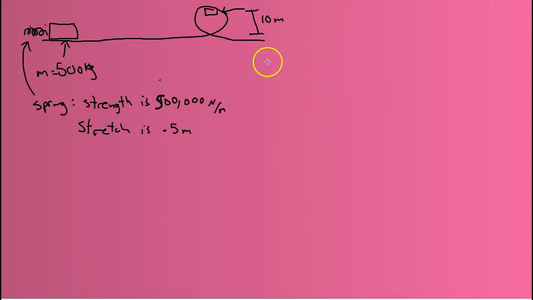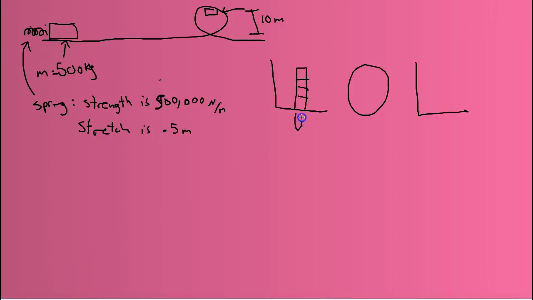And so the first step will be to make charts. Okay, and we'll see that we're compressing a spring, and it's going to cause this cart to move and go up to there. So if we have a compressed spring, that means we're going to start with elastic potential energy, which is going to transform into kinetic energy and gravitational potential energy.